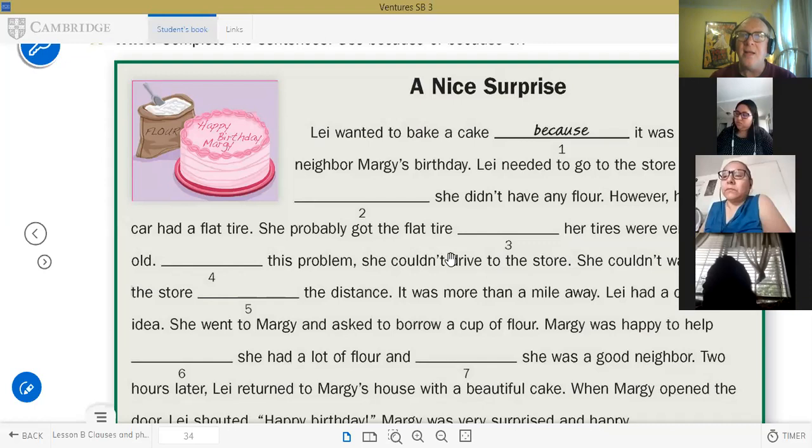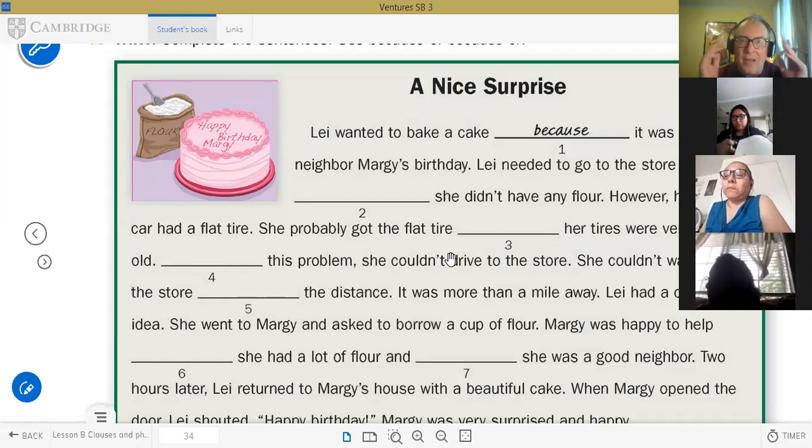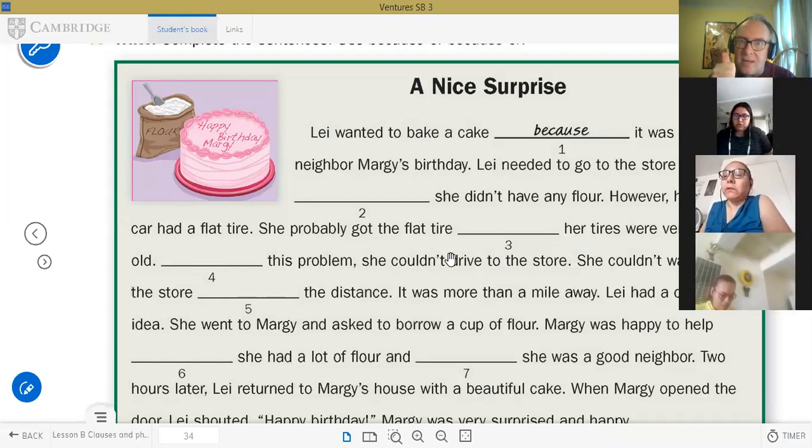Now we're going to decide. Is it better to say because or because of? Well, what do we have to consider? Do I have a subject and verb, or do I just have a noun? You see here in number 1, I have a subject, it, and a verb, was.